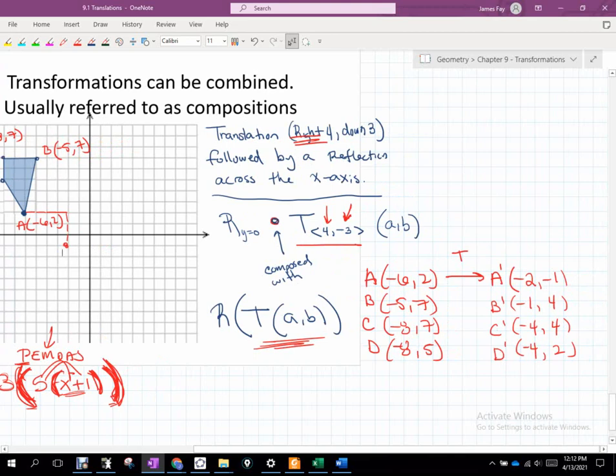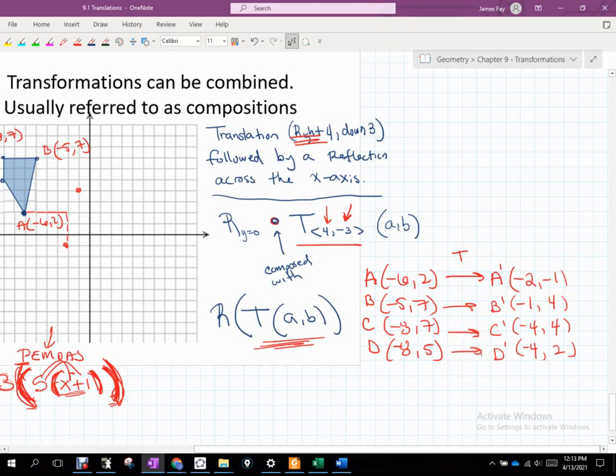Do the same thing with B. Move right 4 units, 1, 2, 3, 4. Move down 3 units, 1, 2, 3. So I have a point right there, and if I'm at 0, 0, how do I get to that point? I go left 1, up 4. Is that what we got? Left 1, up 4? Does that make sense to everybody? So that translation gets done first, and it produces those points.